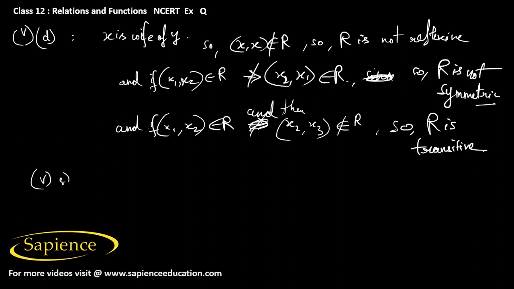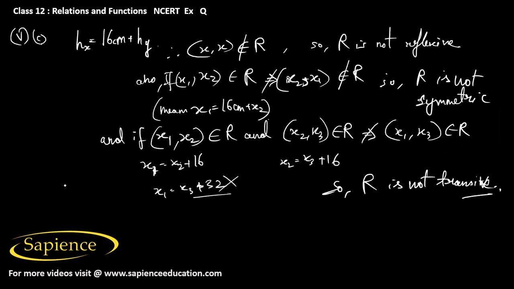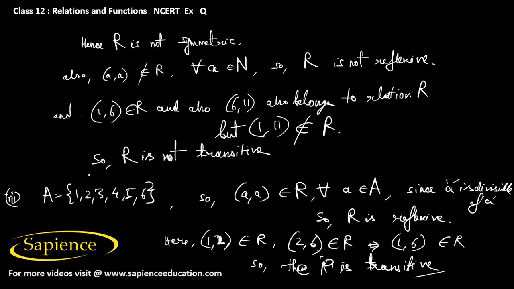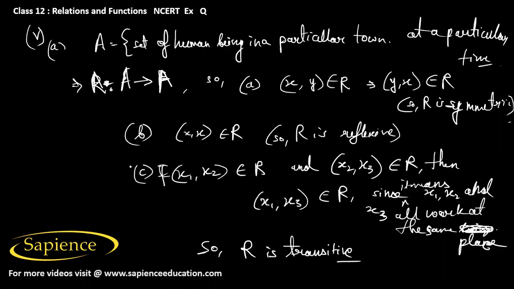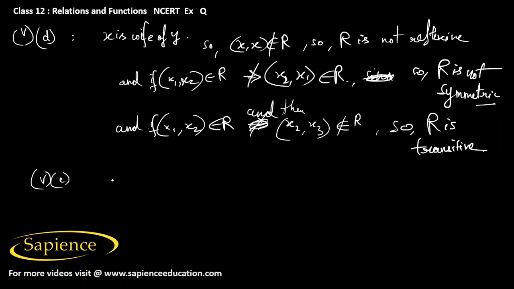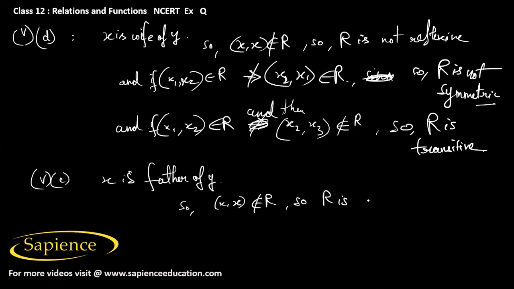And fifth part E, that is, X is father of Y. So X comma X does not belong to the relation R. So R is not reflexive.